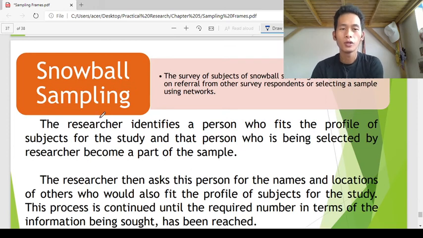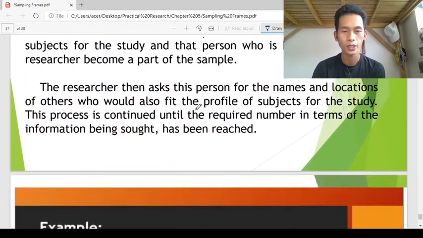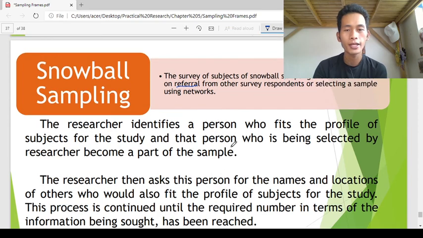Last will be snowball sampling. In snowball sampling, the subjects of the survey are selected based on referral. This is also known as referral sampling from other survey representatives or selecting a sample using networks. The researcher identifies a person who fits the profile of subjects for the study, and that person who is selected by the researcher becomes a part of the sample.